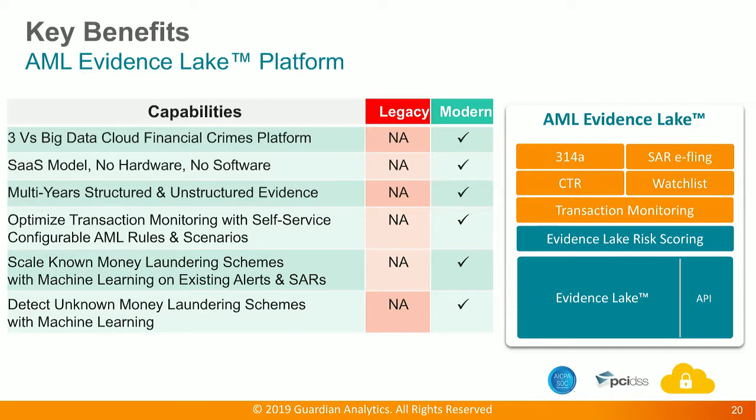Now let's come to probably the most important part, which is why this modern technology in terms of big data is important. And this is important because choosing the right solution in AML, with what's happening in terms of increasingly sophisticated money laundering schemes, can make or break the AML compliance program.